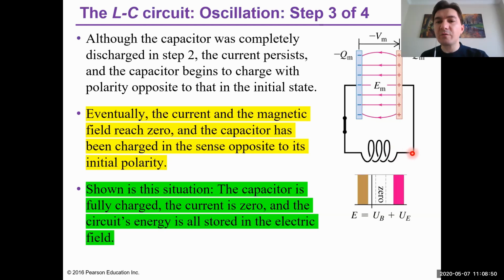So we completely spent the energy stored in the inductor, and then the whole energy is stored in the capacitor as an electric field. So now the total energy is only present in the capacitor as electric field energy.